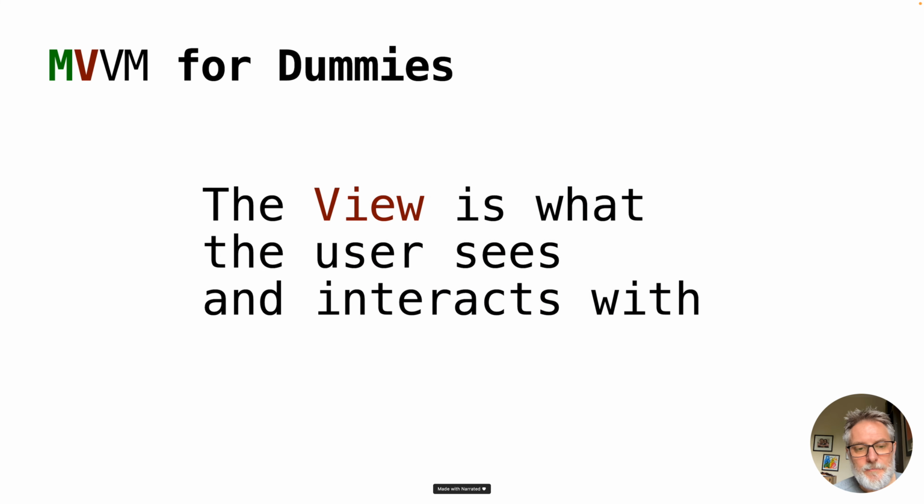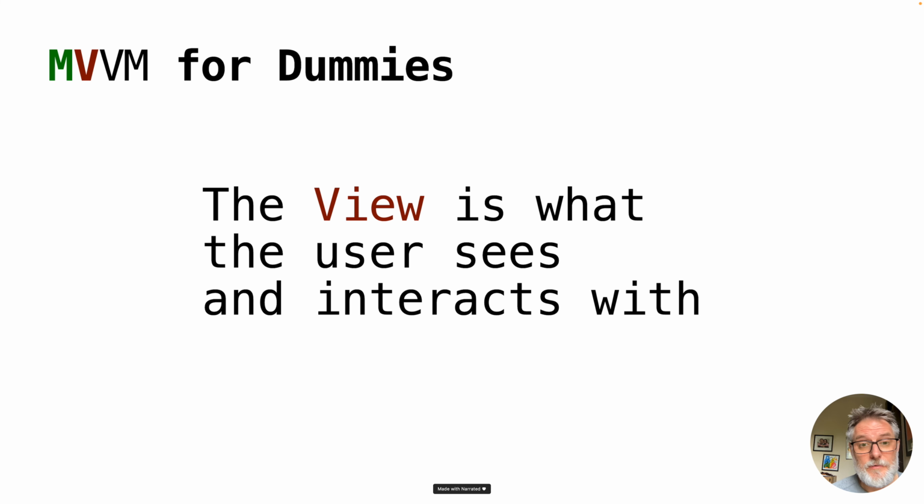View is pretty simple. It's what the user sees and interacts with. We know that as a user interface. In my industry, which is video games, a user interface is built out of views in a view hierarchy, but we can consider the entire view hierarchy as also a view. Declarative UIs like SwiftUI make this really plain and clear.